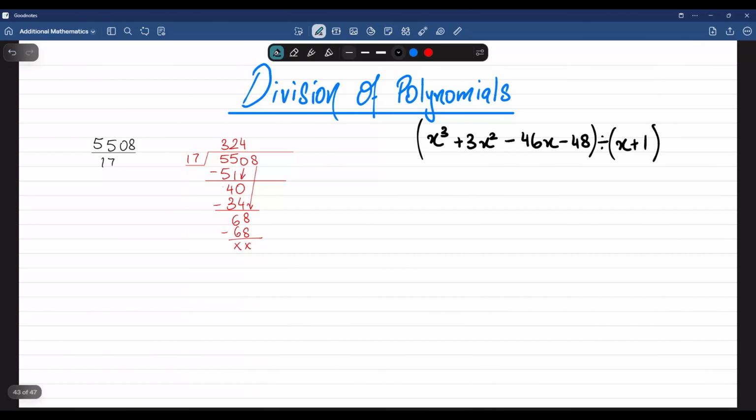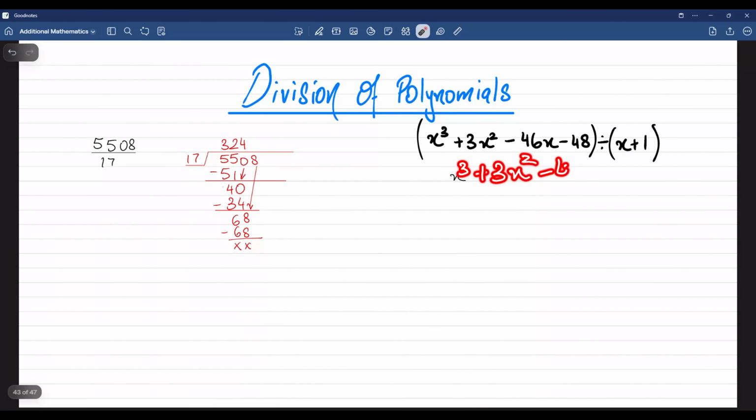By the way, for those of you who might be confused, if I write it in this form, or I write it in the form x cubed plus 3x squared minus 46x minus 48 divided by x plus 1, it's the same thing. I hope you know this.